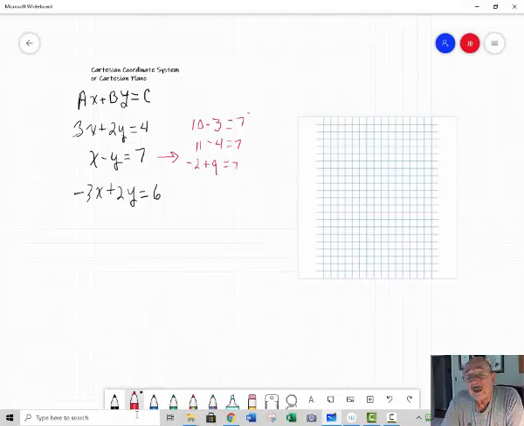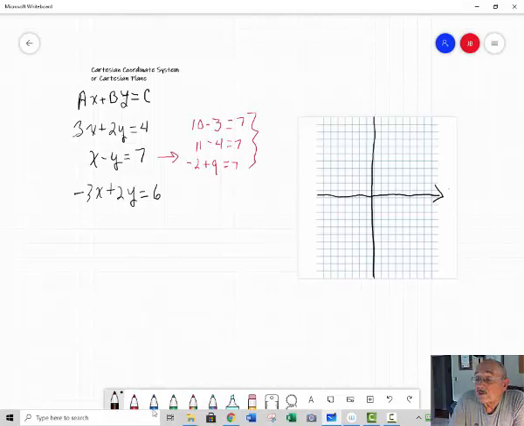Now let's go to our coordinate system over here. What I want to look at are these values right here. Values of x and y can be listed as ordered pairs.